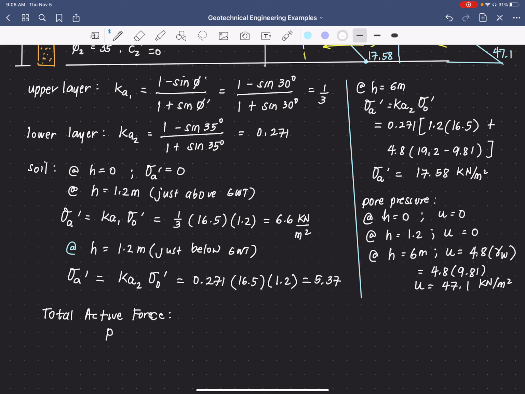We have P active. We have P sub 1 plus P sub 2 plus P sub 3 plus P sub 4.